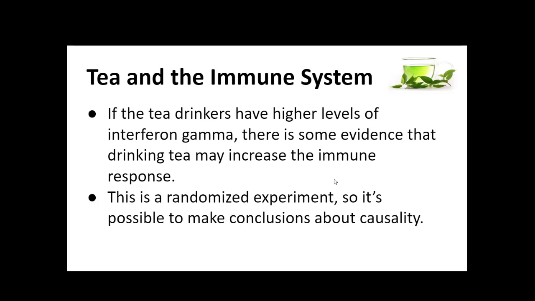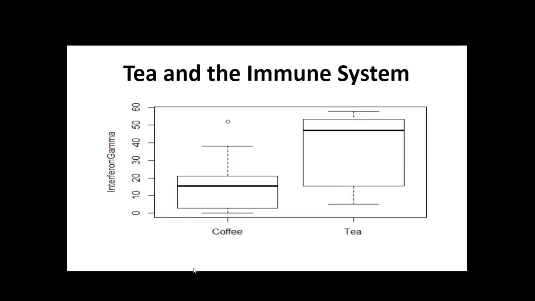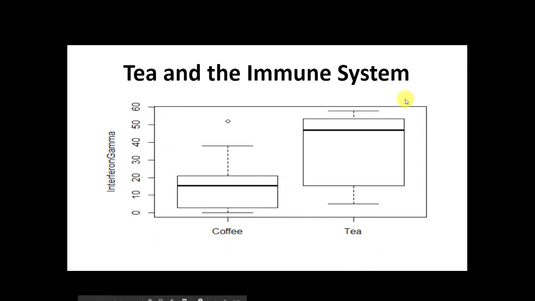Okay, we'll see. So then they gave us these box plots. This first box plot is describing the effect of the coffee, and this second box plot is describing the effect of the tea. Here they have the units of interferon gamma. Let's look at the coffee first. Let's see if we can find the 5-number summary.